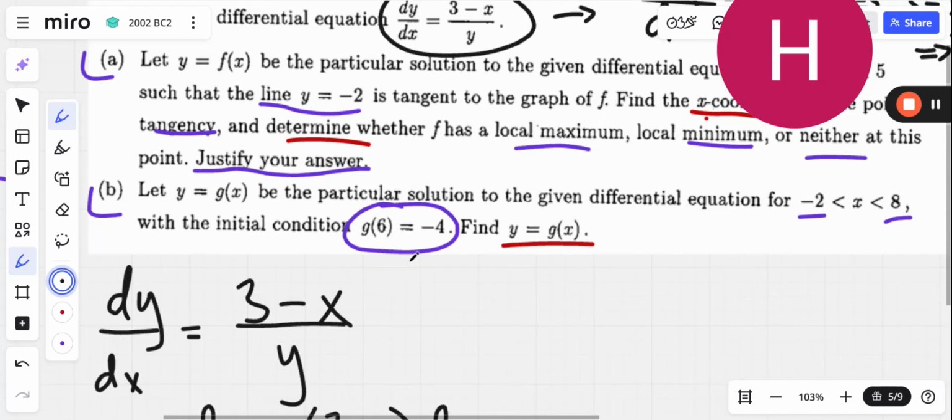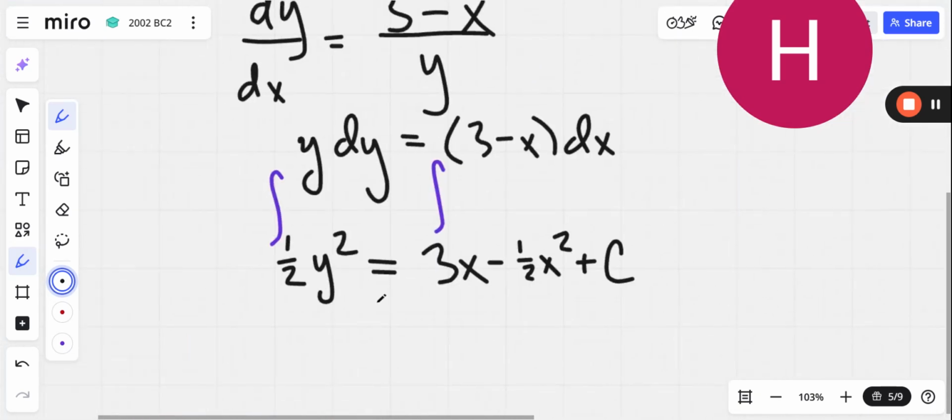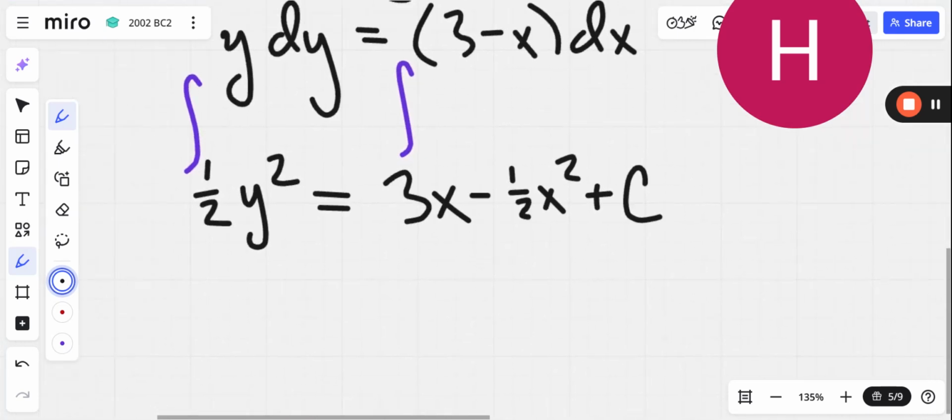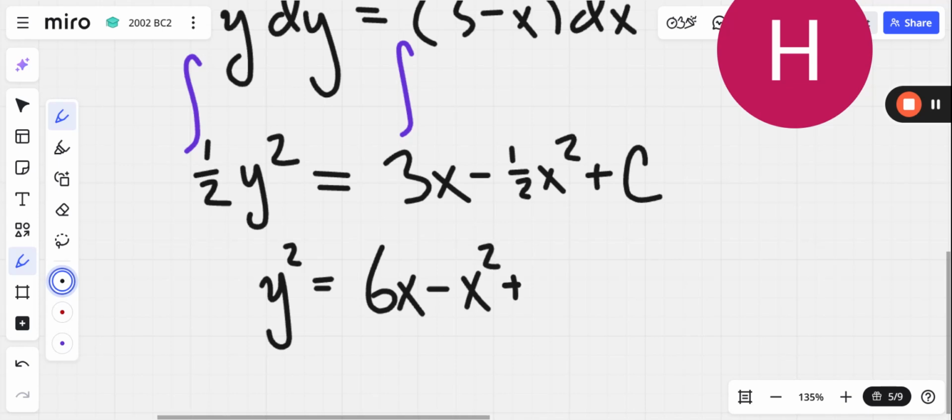Okay, so let's use the initial condition here. G of 6 equals negative 4. We could solve or isolate the y now, but we don't have to. Maybe let's multiply everything by 2, though. That could help things. Once you have an equation established, you have a little bit of freedom of what you can do with that equation.